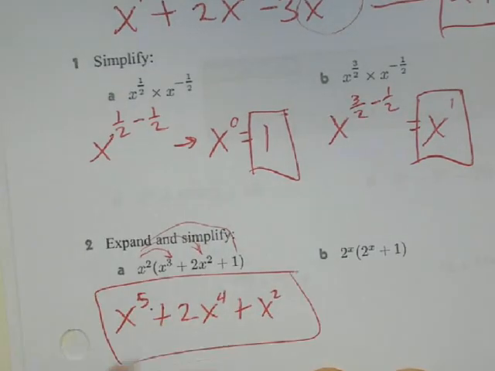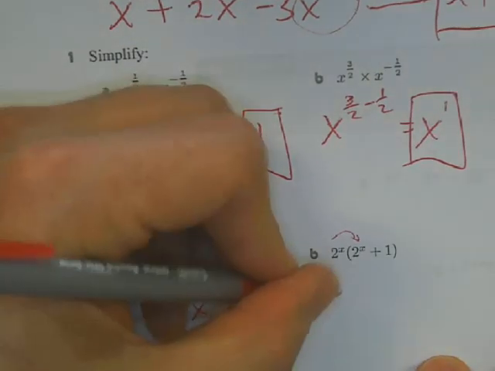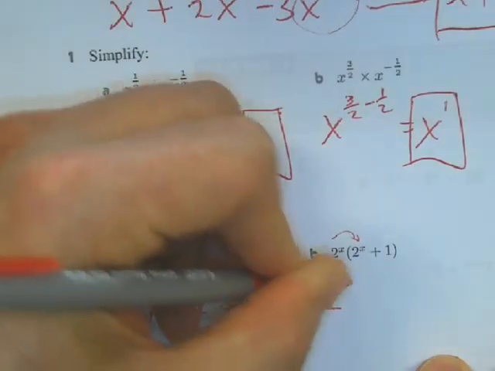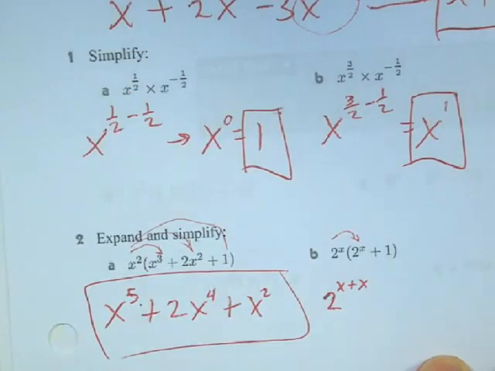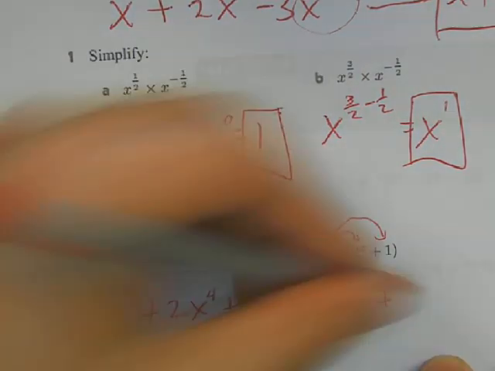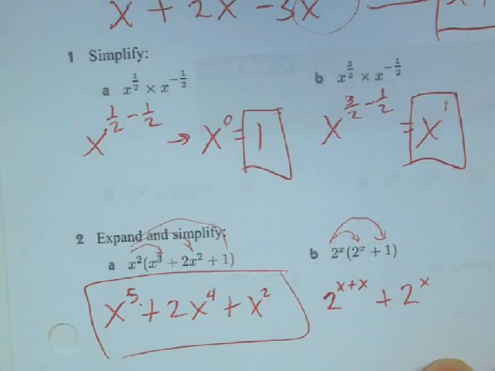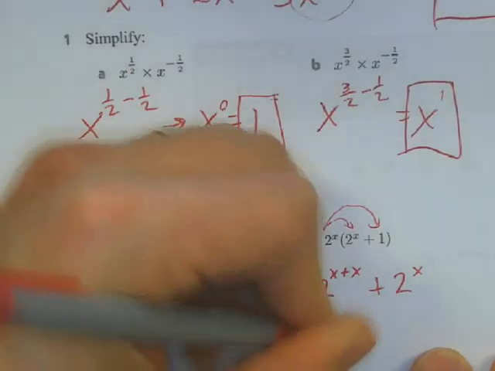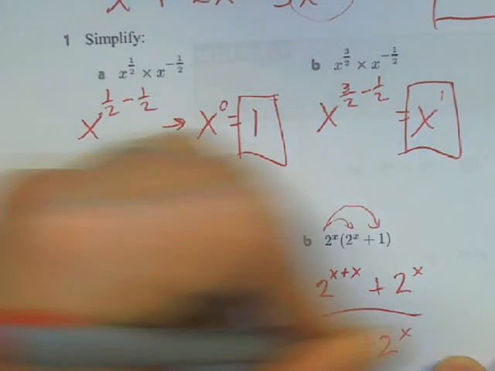Okay, 2 to the x times 2 to the x is going to give me 2 to the 2x. Remember, we add those powers, x plus x, right? Plus, and then 2 to the x times 1 is 2 to the x. So this is going to simplify to 2 to the 2x power plus 2 to the x.